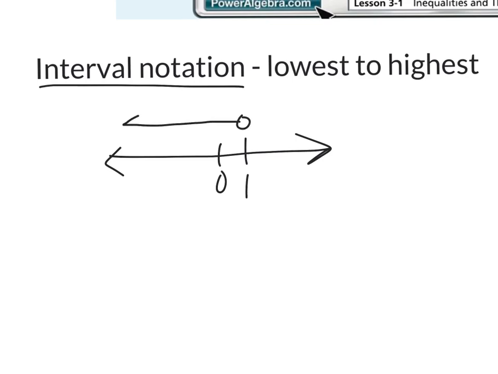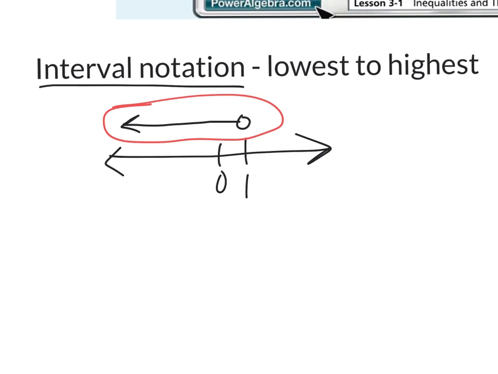So with the interval notation, for example, just going back to that first graph we had, we had less than 1. What we're going to do is think about going from the lowest to the highest on what answers work for this inequality.